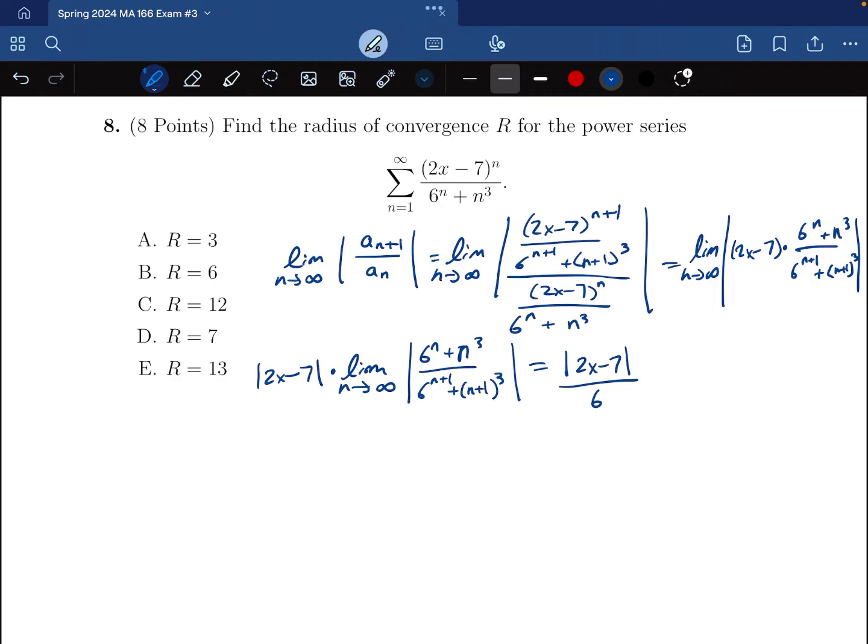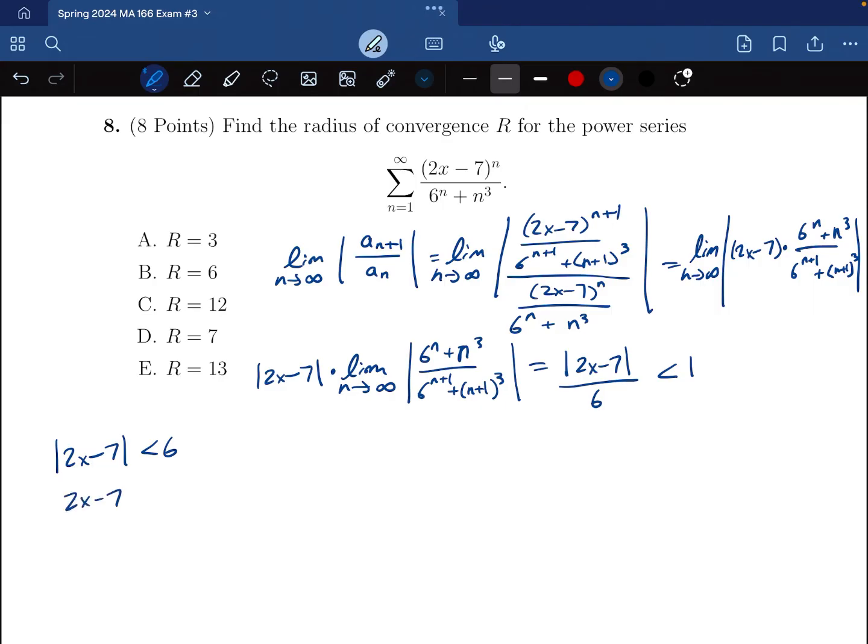So the ratio test states that for a series to converge, this limit over here has to evaluate to less than 1. So this value over here has to be less than 1, according to the ratio test. So I get the absolute value of 2x minus 7 is less than 6.